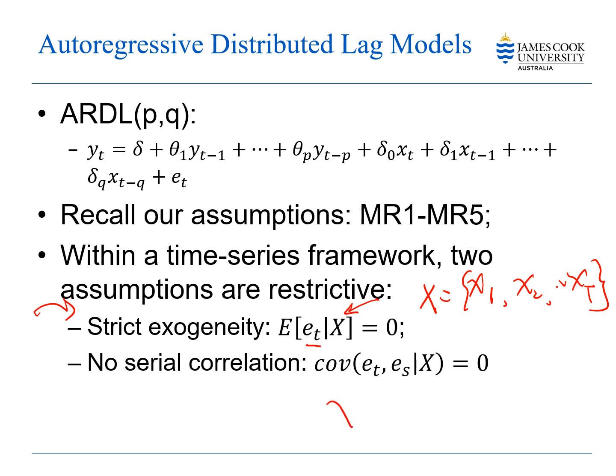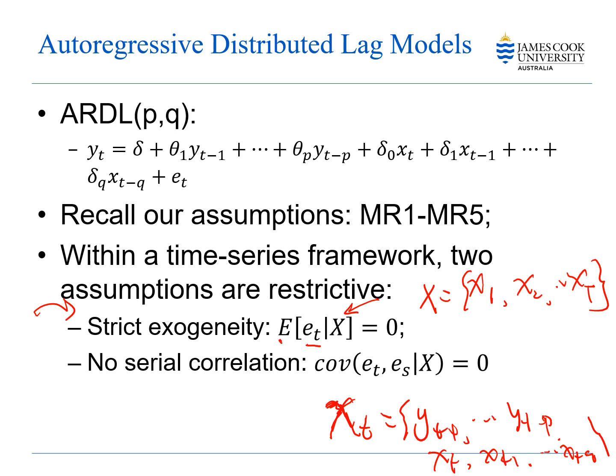And each x_t consists of y_{t-1} until y_{t-p}, and x_t, x_{t-1} until x_{t-q}.